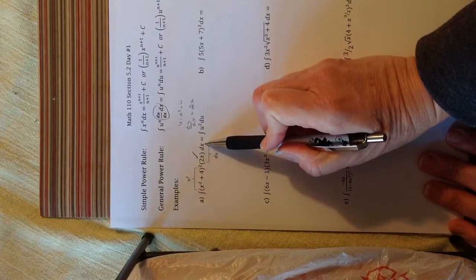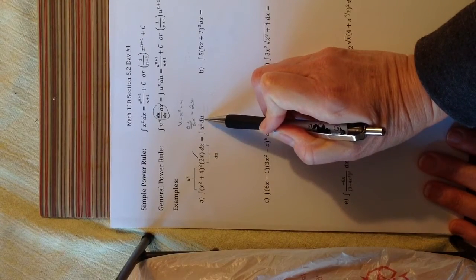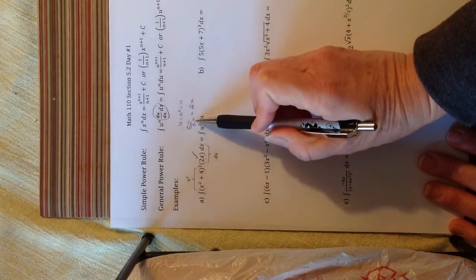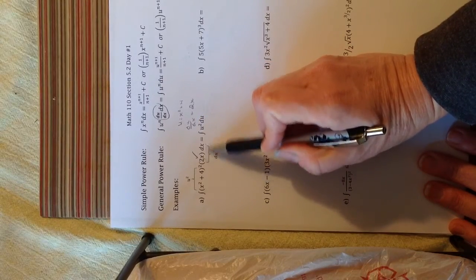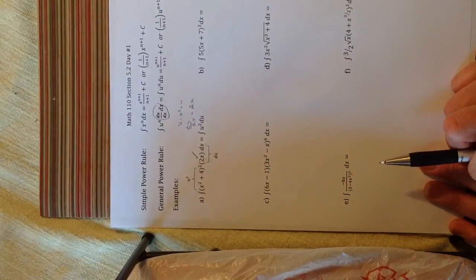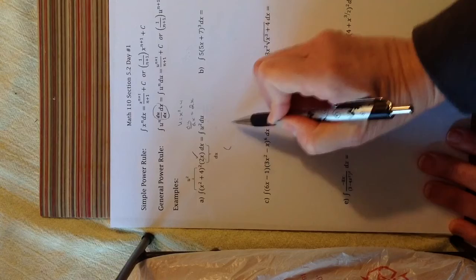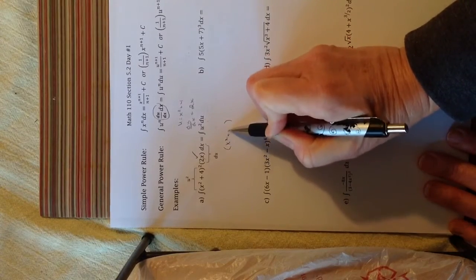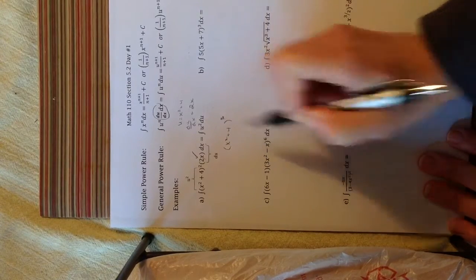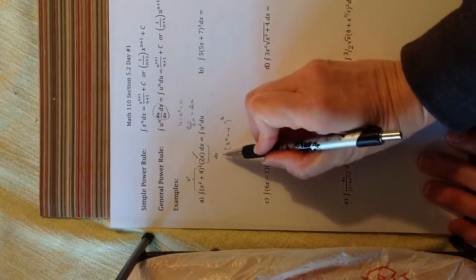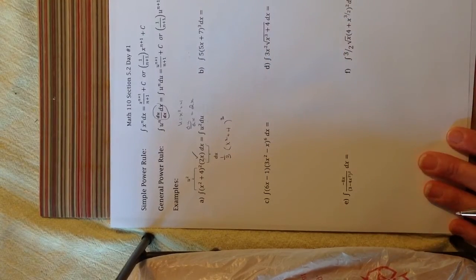The derivative of u is there. These two can come together to be du, so we can integrate with respect to u. So all we're going to do is take our old u, raise the degree to 3 instead of 2, and divide by 3, and add c.